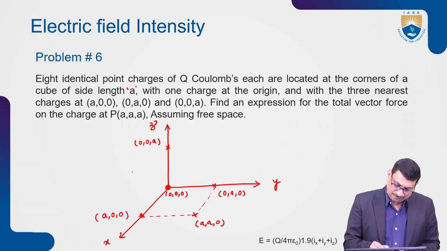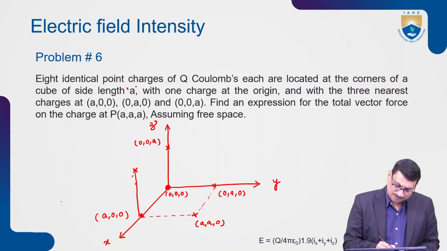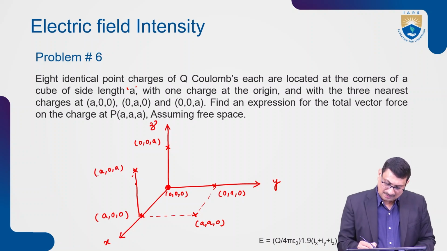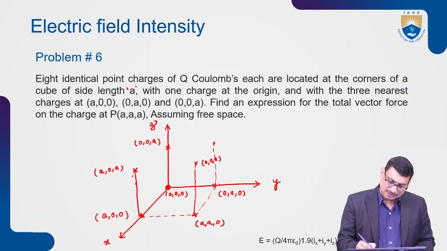Now from here I will move a meters along the z axis, and this point becomes a, 0, a. From here I will move a meters along the z axis again. Then this point becomes a, a, a. And from here I will move along the z axis, then this point becomes 0, a, a.